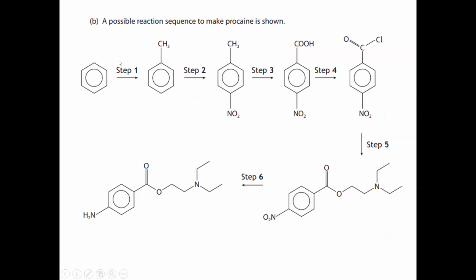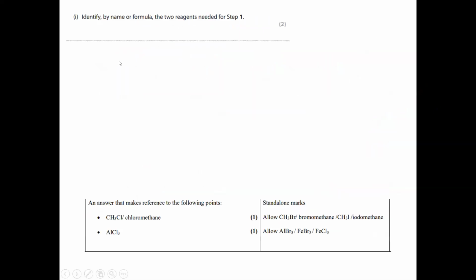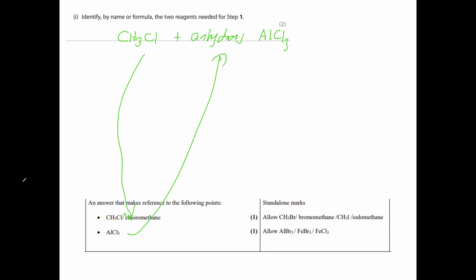Step 1 we know: CH3Cl, chloromethane, plus anhydrous AlCl3. So we got the 2 marks: CH3Cl is 1 mark, AlCl3 is the second mark.